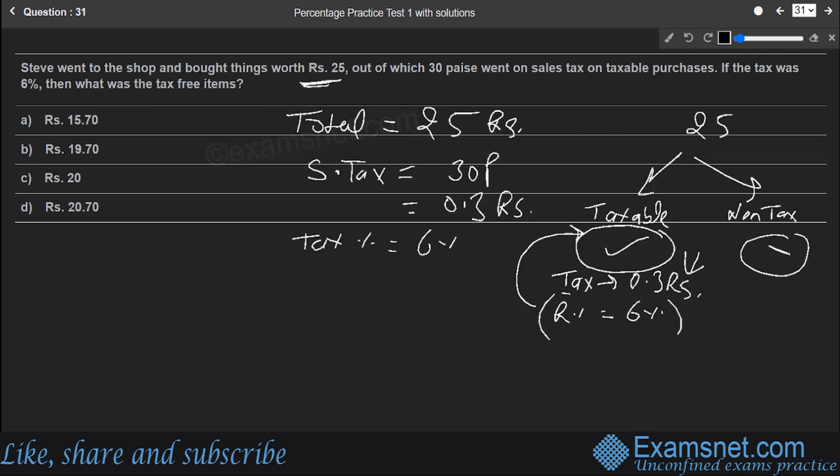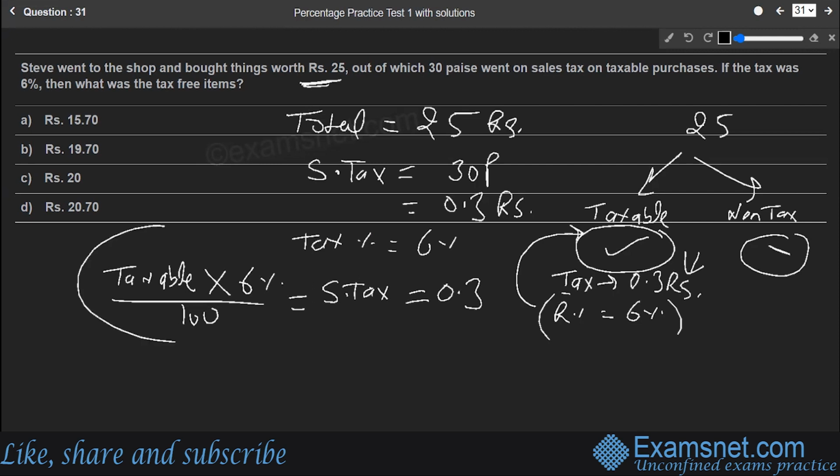Whatever the taxable items cost, 6% of that has been paid as sales tax, because the tax percent is 6%, and the sales tax is calculated to be 0.3 rupees.